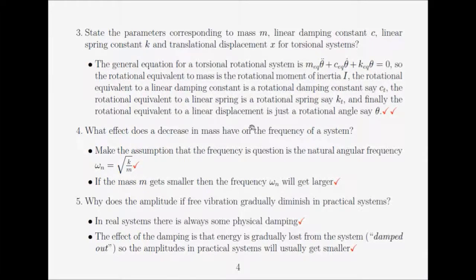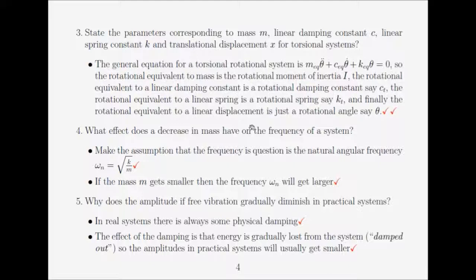The equivalent of m will be a rotational moment of inertia. The equivalent of c will be a rotational damping constant, let's call it CT, where the subscript T stands for torsion. And the equivalent of k will be a rotational spring constant, let's call it KT. And finally, theta will be a rotational angle, basically a displacement.